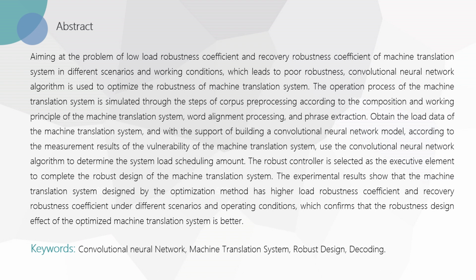The experimental results show that the machine translation system designed by the optimization method has higher load robustness coefficient and recovery robustness coefficient under different scenarios and operating conditions, which confirms that the robustness design effect of the optimized machine translation system is better.